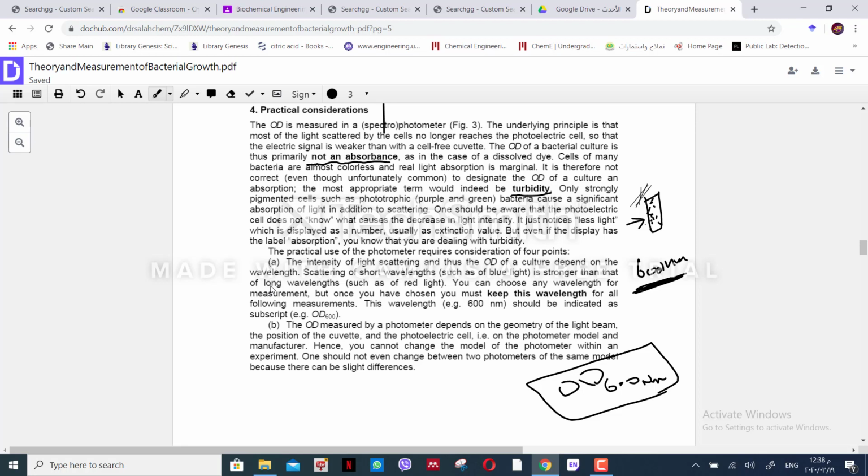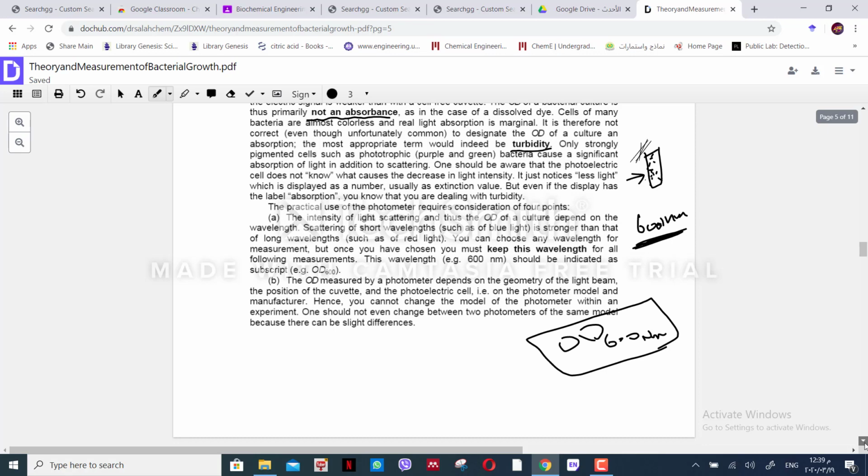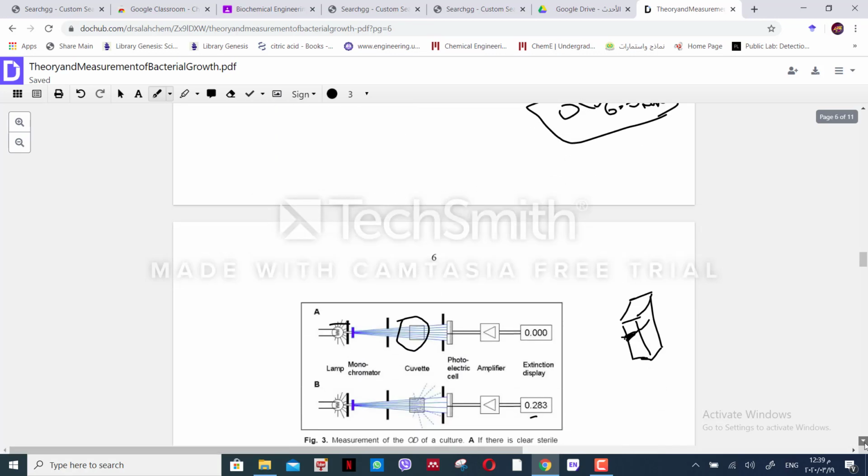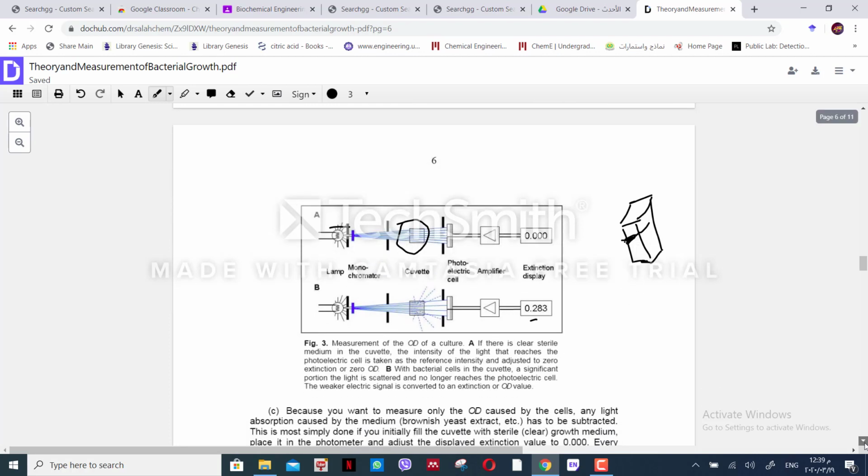So you cannot change the model of the photometer within an experiment. One should not even change between two photometers of the same model. If you have two devices of the same model, you also have to work with one device only in order to decrease the difference between these readings.